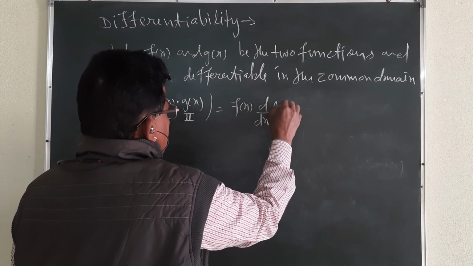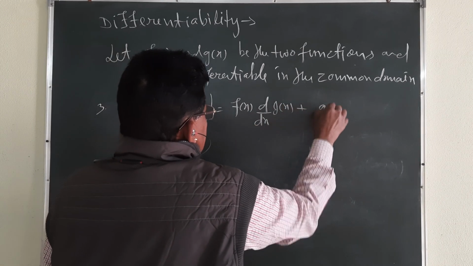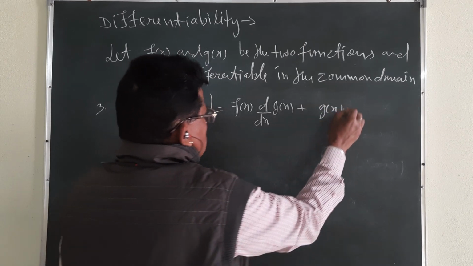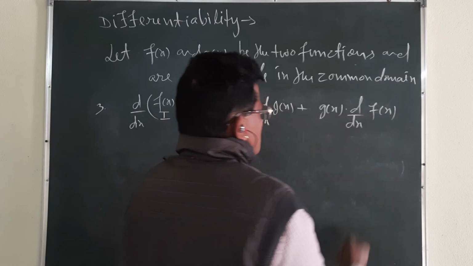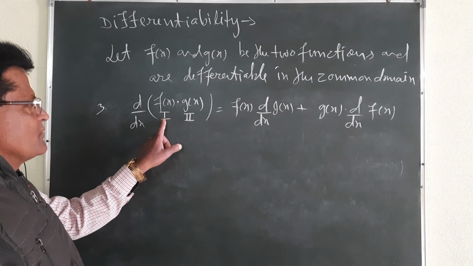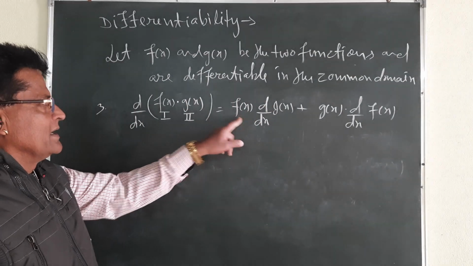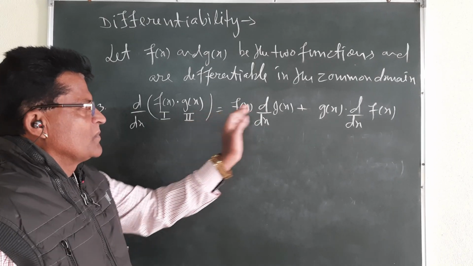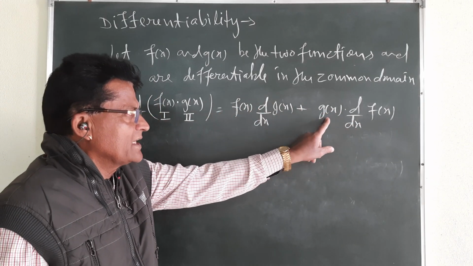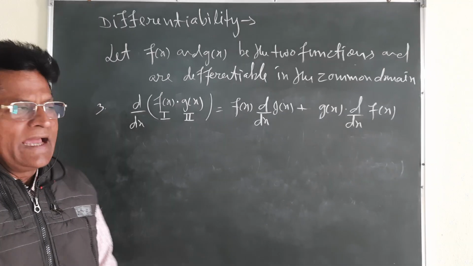Very easy formula, dear student. Second function you write as it is, and the derivative of the first function. Very simple formula: first function as it is, derivative of the second function, plus derivative of the first function, but second function as it is.